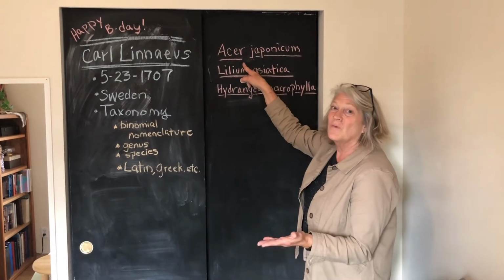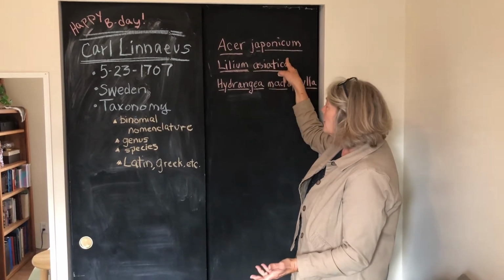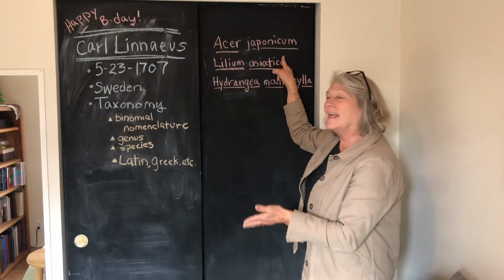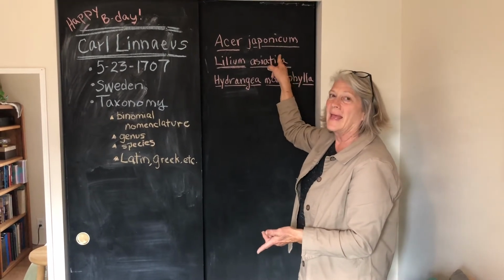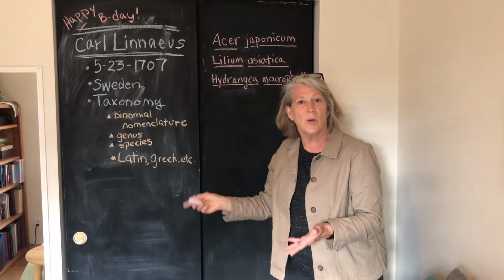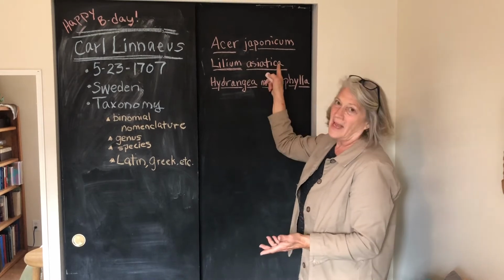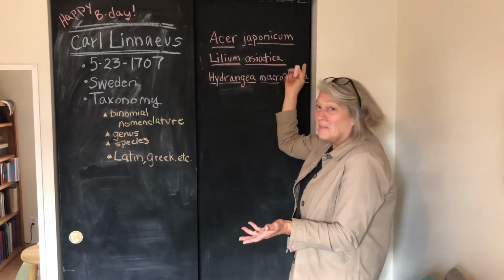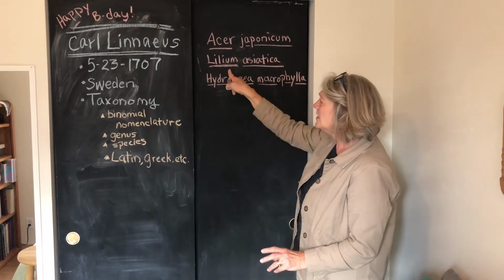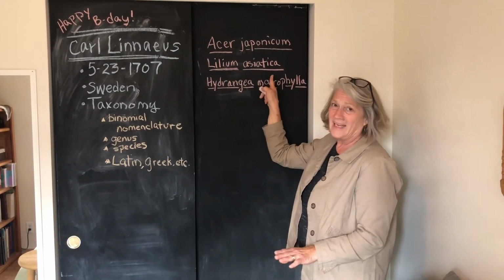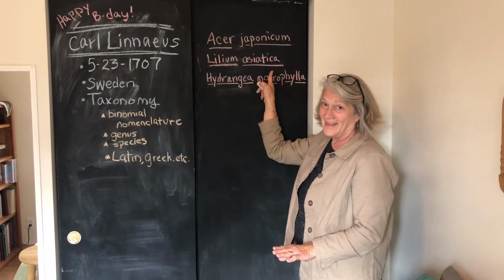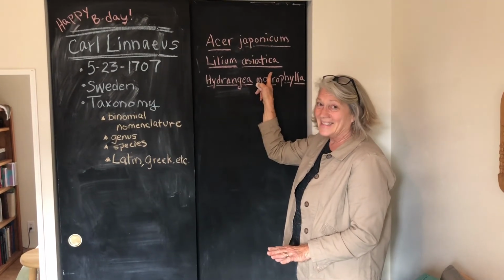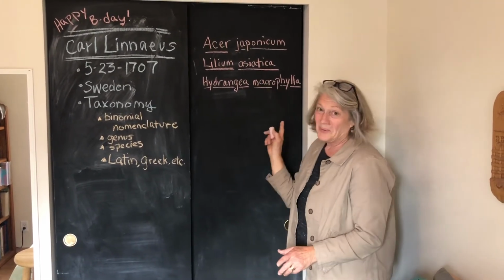Acer is the genus for maples. Japonicum would indicate to us that the source of this plant is Japan or the Orient, and that is the botanic name for Japanese maples. Kind of makes sense there. Here's another one, Lilium asiatica. What do you think? Asian lilies. Yeah, that's a pretty good one.